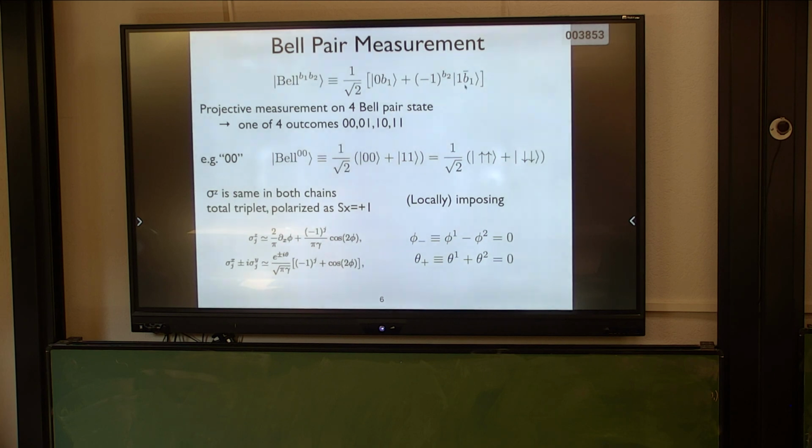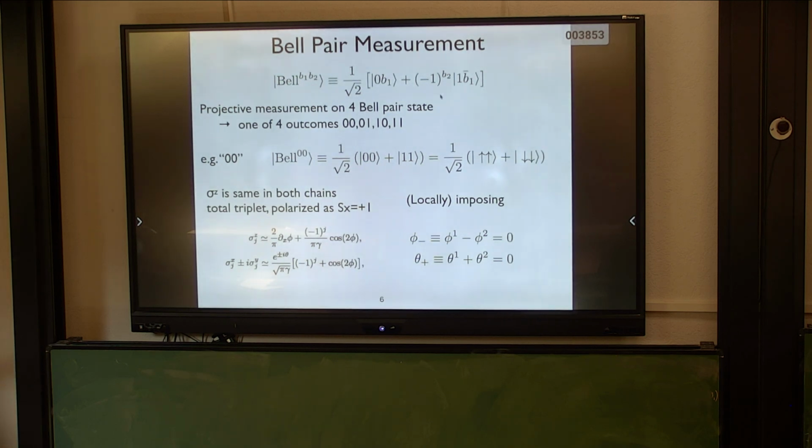So when B1 is 0, B1 bar is 1. So in the end, this Bell pair state 00 is |00> plus |11>, where 0, 1 is the qubit basis. In terms of spin 1/2, this is nothing but up-up plus down-down. So this is nothing but the S_z equals 0 state among the triplet states of 2 spin 1/2s.